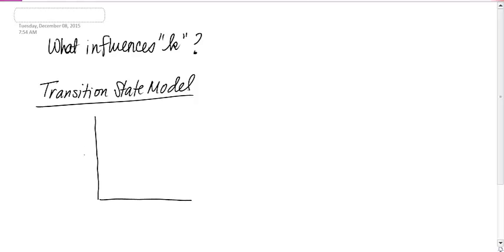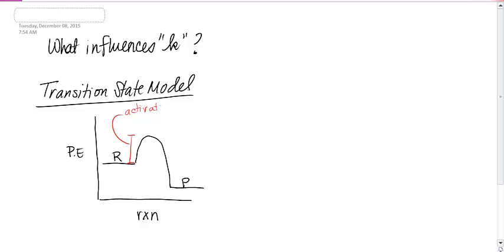So if this is potential energy and this is the reaction, this represents the energy of the reactants, and let's say it was an exothermic process, so this would represent the energy of the products. And this energy here, in red, is the activation energy.